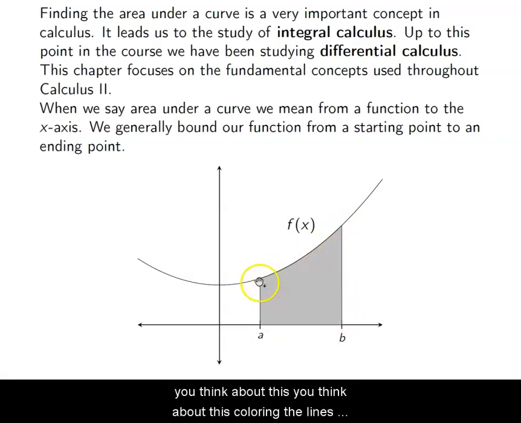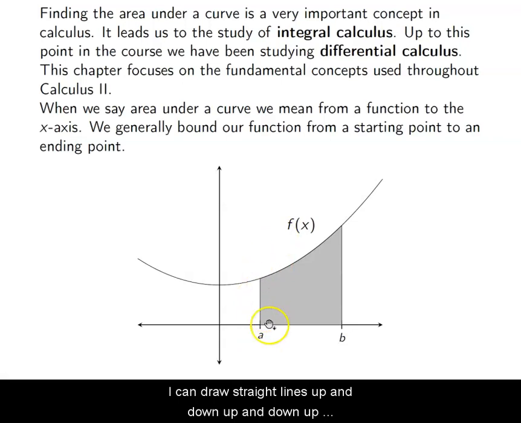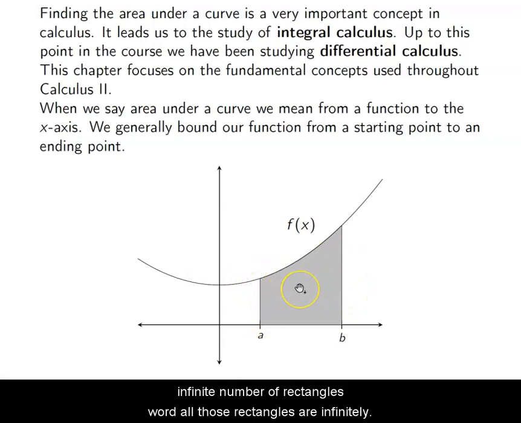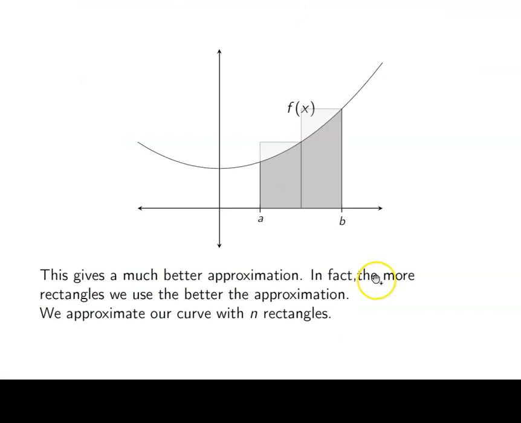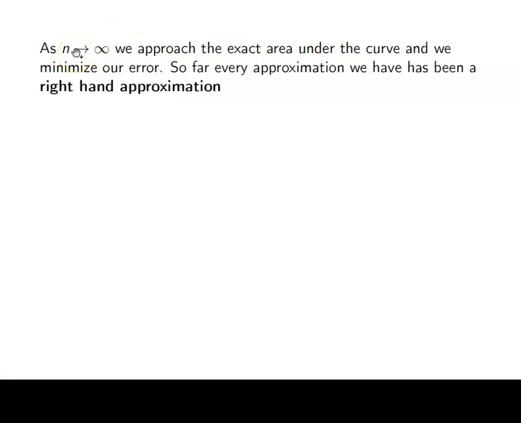If you think about just coloring this, I could draw straight lines up and down, up and down until I color this. That's like an infinite number of rectangles where all of those rectangles are infinitely thin. So that's what it means to have the number of rectangles go to infinity. So we approach the exact area as n goes to infinity.